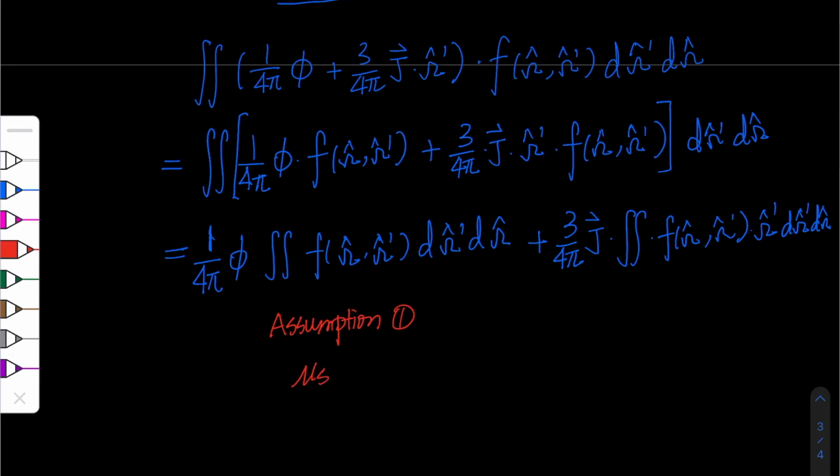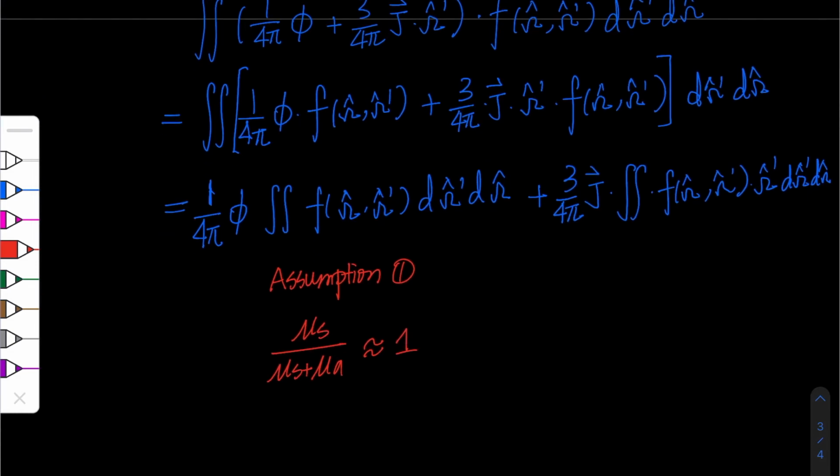In mathematical terms, mu s over mu s plus mu a is approximately equal to 1. It also indicates that the integral of the f function of omega hat prime over the direction of omega hat prime should be approximately equal to 1.